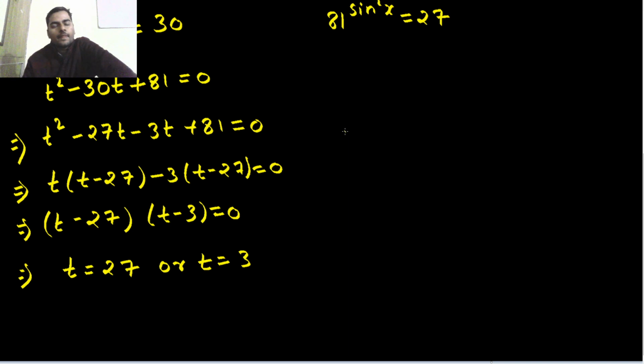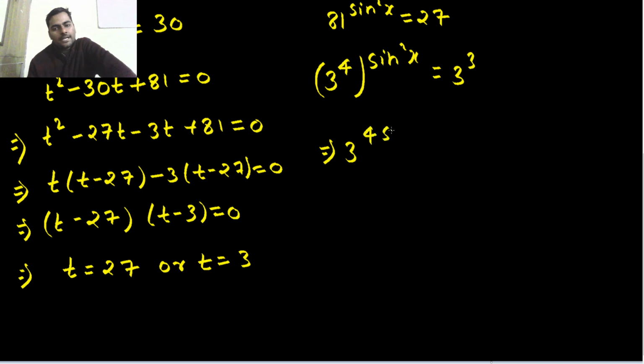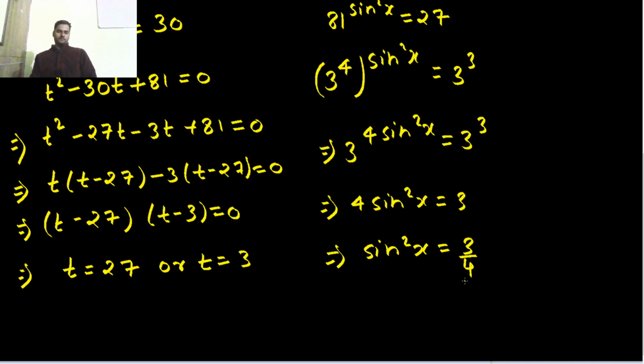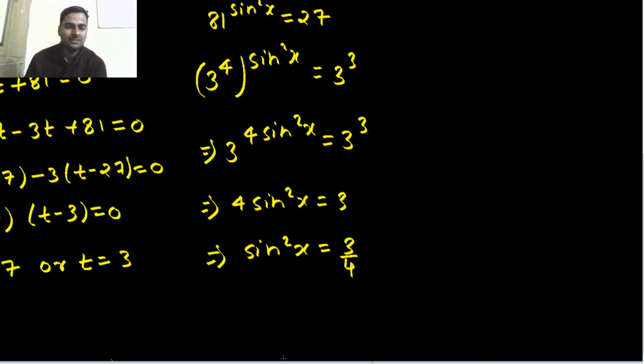Okay. So 81 can be written as 3 power 4, that power sin²x, equals 3 power 3. We can equate the powers of 3. Are you familiar with one formula?